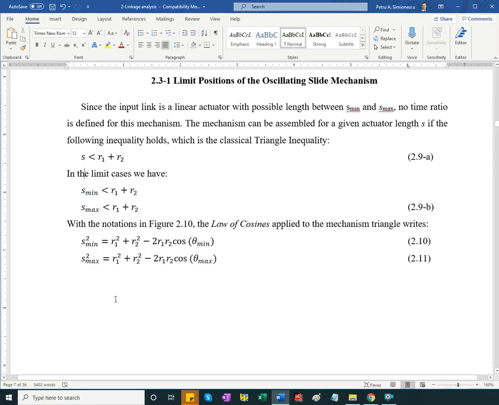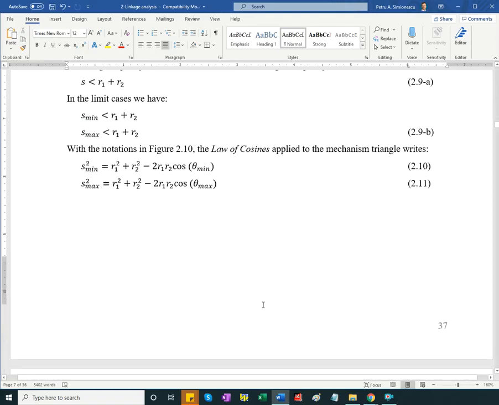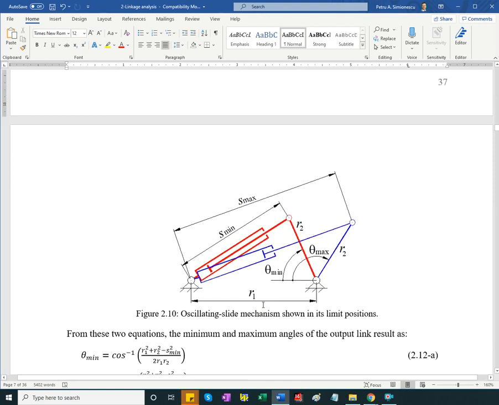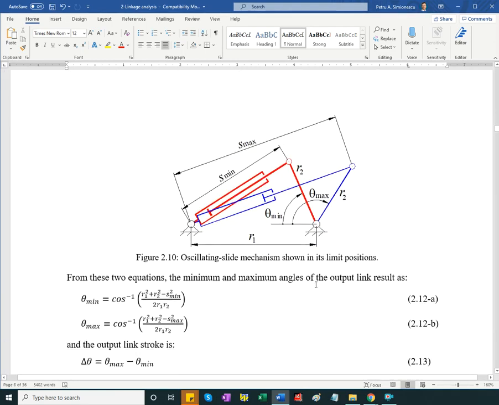Okay, if I apply the law of cosines, I'm sure it rings a bell. Go to any source and refresh your memory on how the law of cosines is defined. Knowing S, or in particular S min and S max, R1 and R2, I can calculate theta min, I can calculate theta max. So how do we state the law of cosines to find theta min? I have S min squared equals R1 squared plus R2 squared minus 2 times R1 times R2 times cosine of theta min.